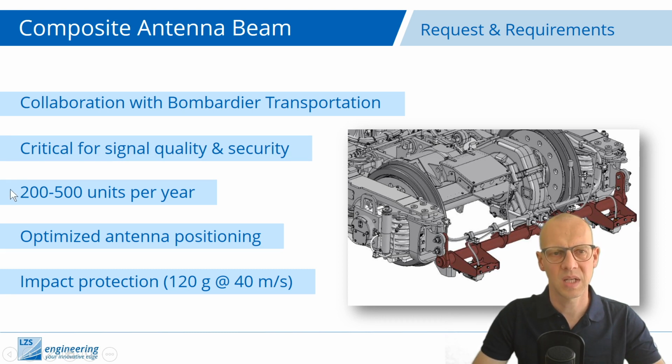So the number of units per year is comparably low, but not that low that it was not worth to think about a composite solution. But there's one major headache we see here, and this is the impact protection.